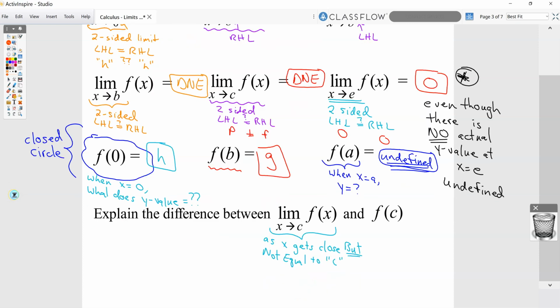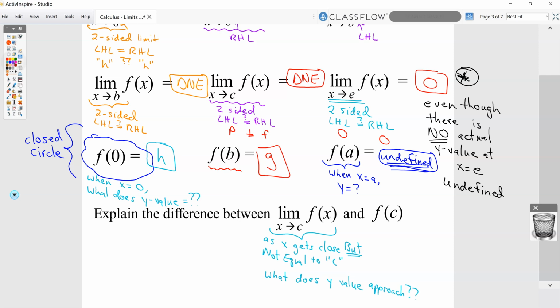So as x gets really, really close, but does not equal the number c, I'm asking the question, what does the y value approach? What does it get really, really close to, right? The answer to the limit is to tell me what the y value approaches. What does it get really, really close to?